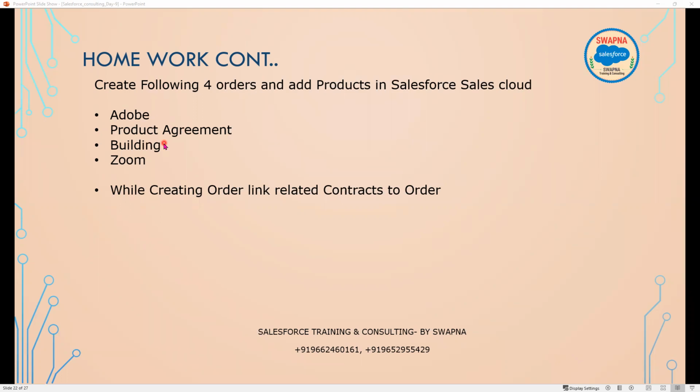In the related list, order products, add at least 1 or 2 products within the order. While creating the order, you need to link the related contract, the contract which you created on the previous page.